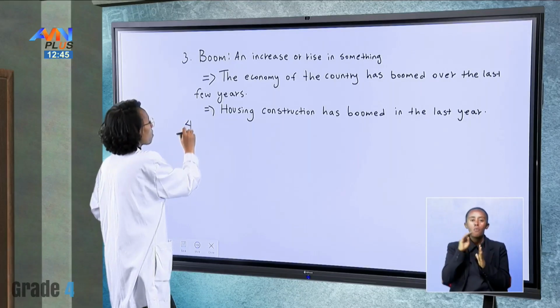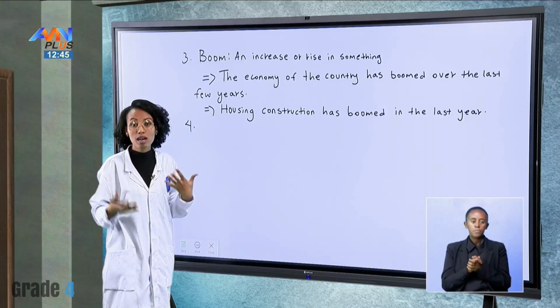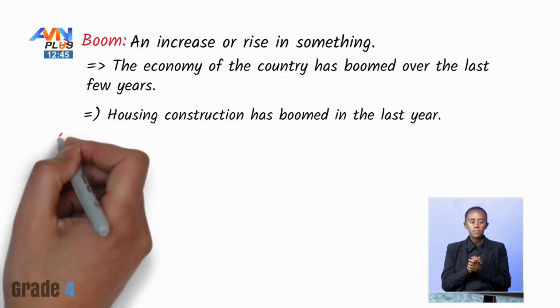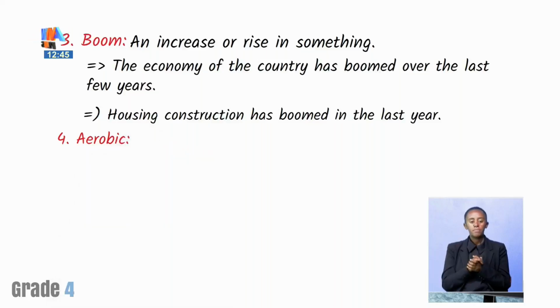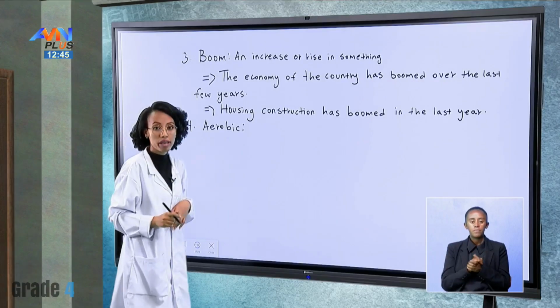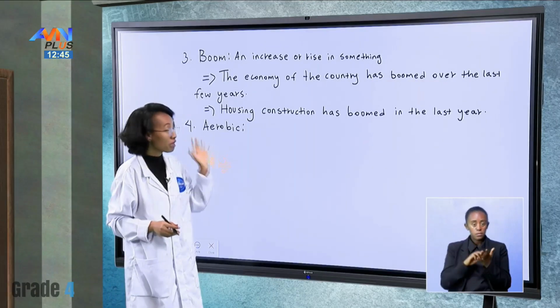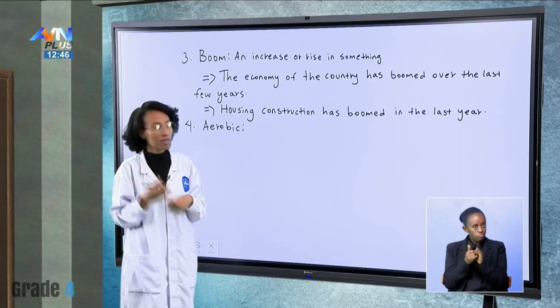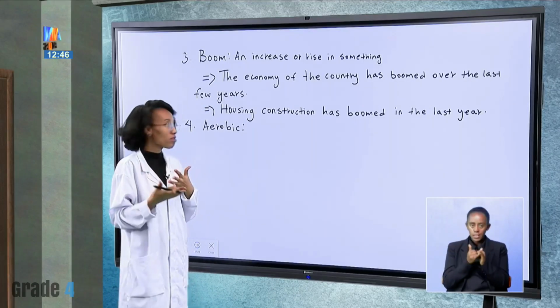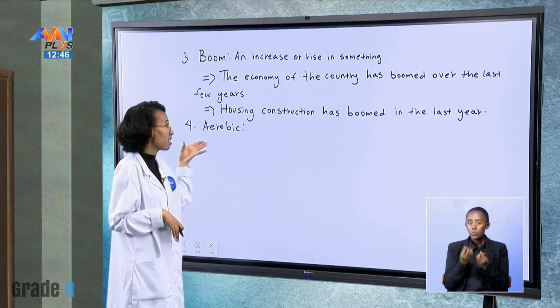What about number 4? If we said boom, what comes after is aerobic. Aerobic. This word is really associated with what? With sports and fitness and also health, but mostly fitness and health.